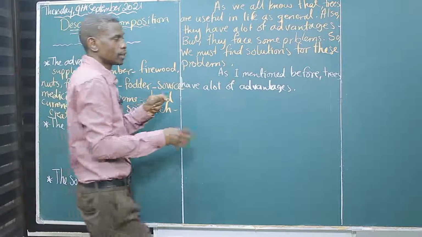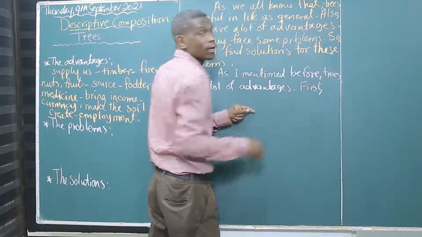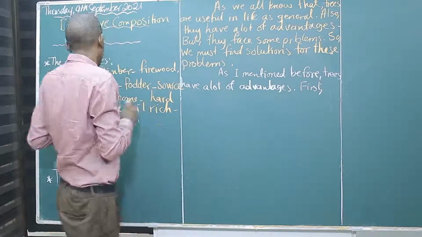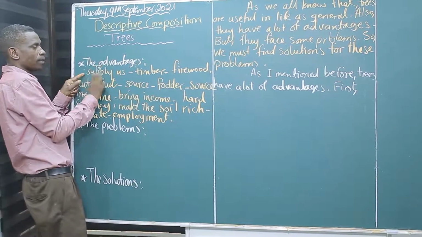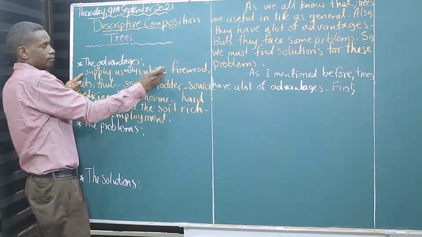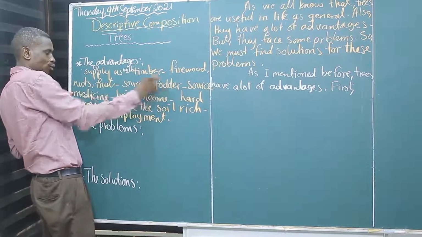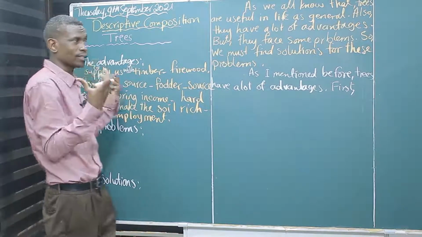Okay? Keyword. First, comma. We always put a comma after the keywords. And then we see supply us. Supply is a verb. Supply us with timber, firewood, nuts, fruit, source of fodder, source of medicine. I'm going to put these words into sentences.